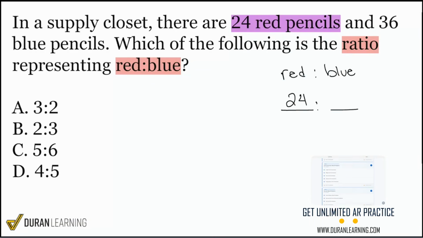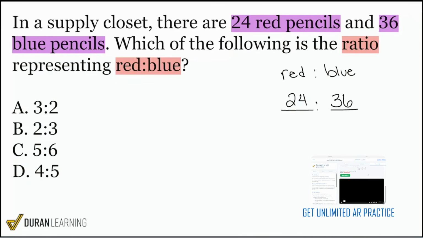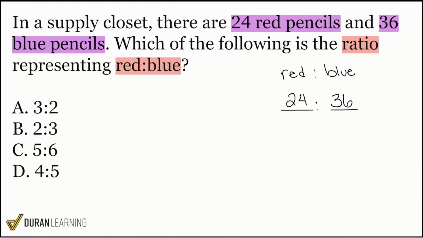And then everybody, how many blue pencils are we given again? Yeah, that's going to be 36. Sounds good. All right. So if you're looking at this and you're saying, okay, I have 24 to 36. Those are the numbers that have been given to me. I know that the left one represents red and the right one represents blue. You're absolutely good. You're golden.